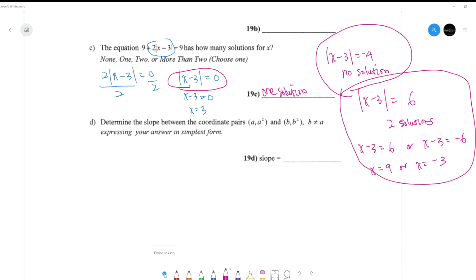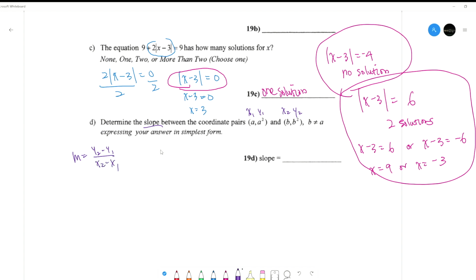All right. Part D is kind of a question that we haven't really seen in class, so I'm going to go over it. But you should already kind of know how to figure this one out, because you're asked for the slope of 2 ordered pairs. So it's like saying this is x1, y1, x2, y2, right? So slope is what? y2 minus y1 over x2 minus x1.